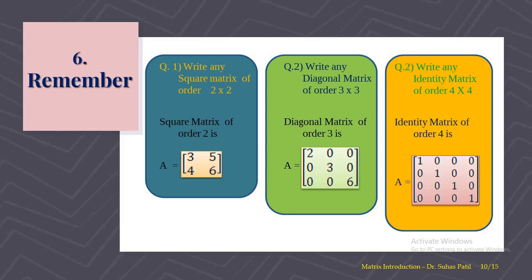Then we are going to write a matrix of order 3 by 3. The diagonal matrix of order 3 is given here. Capital A = [2, 0, 0; 0, 3, 0; 0, 0, 6].